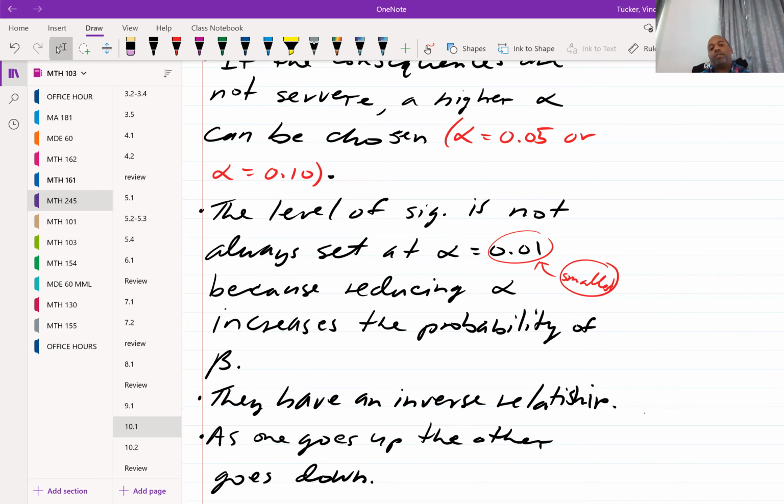So they have an inverse relationship. As one goes up, the other one goes down, and vice versa.